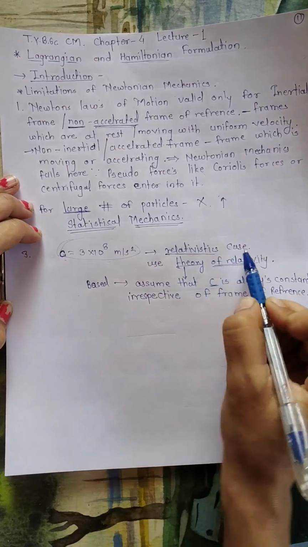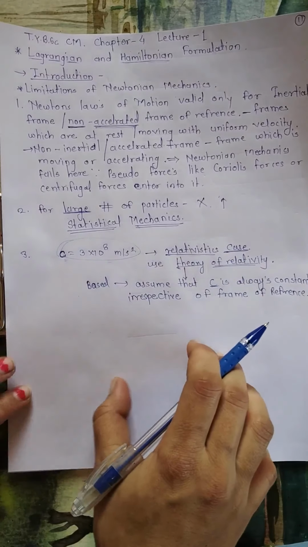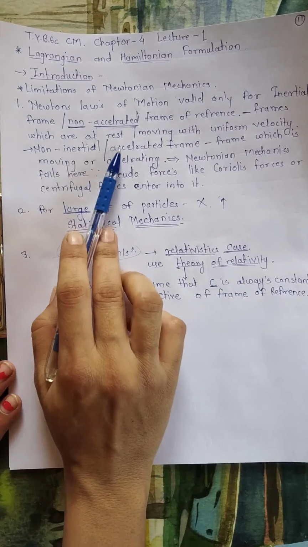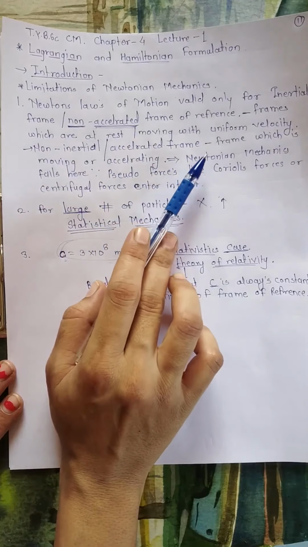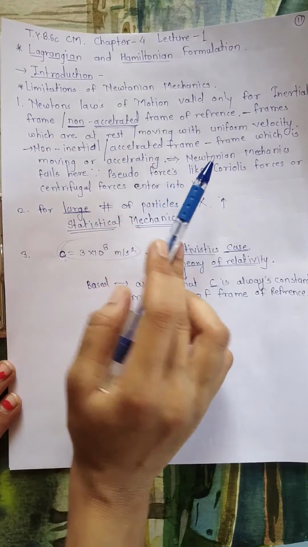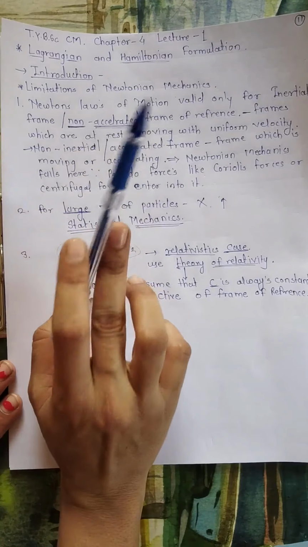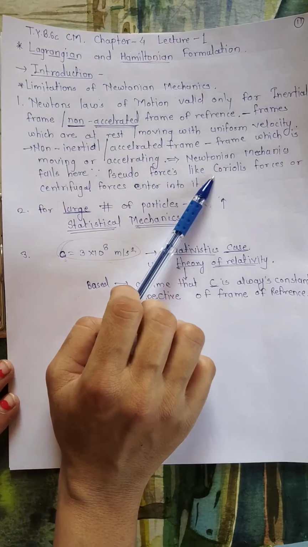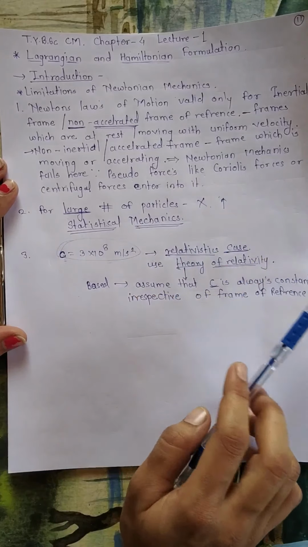Newton's laws are valid in the non-relativistic case, meaning whenever the speed of a particle is less than the speed of light, then only Newton's laws are valid. Otherwise Newton's laws are not valid, and in that case we refer to the theory of relativity.